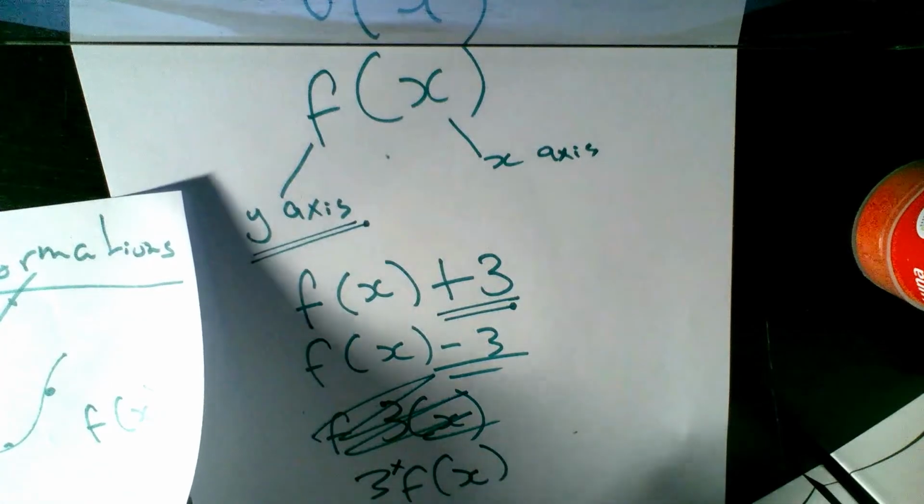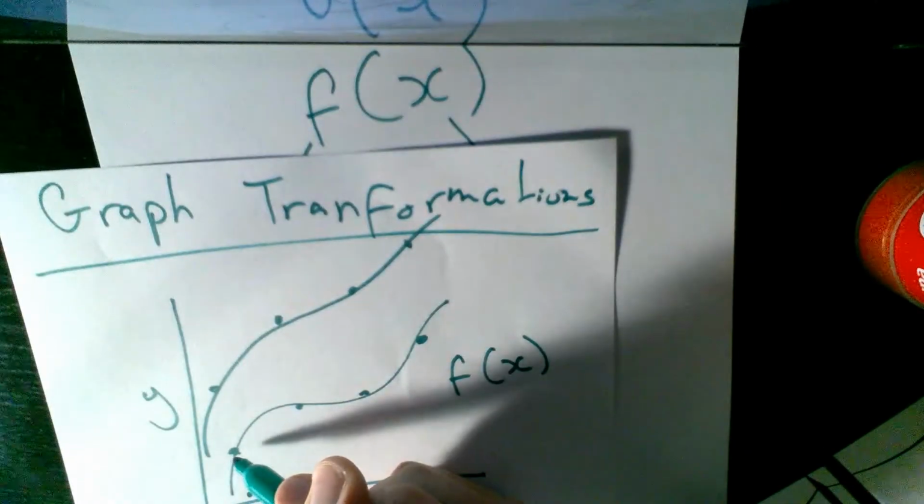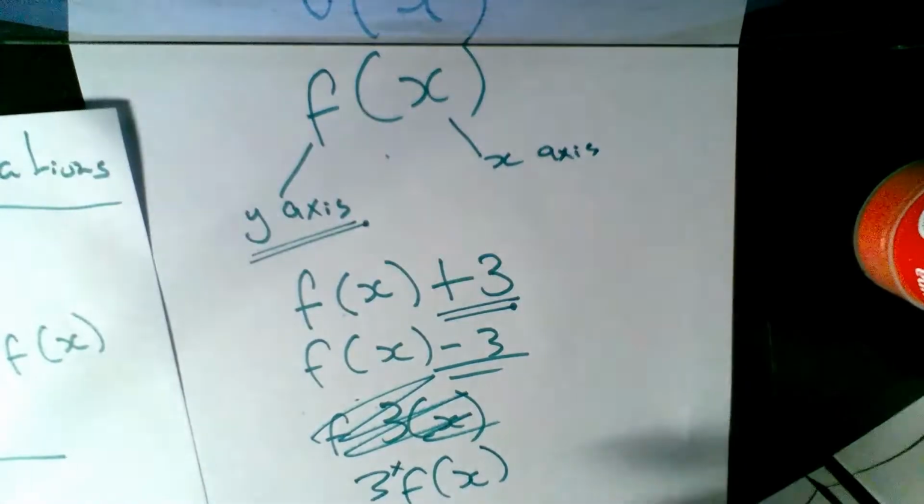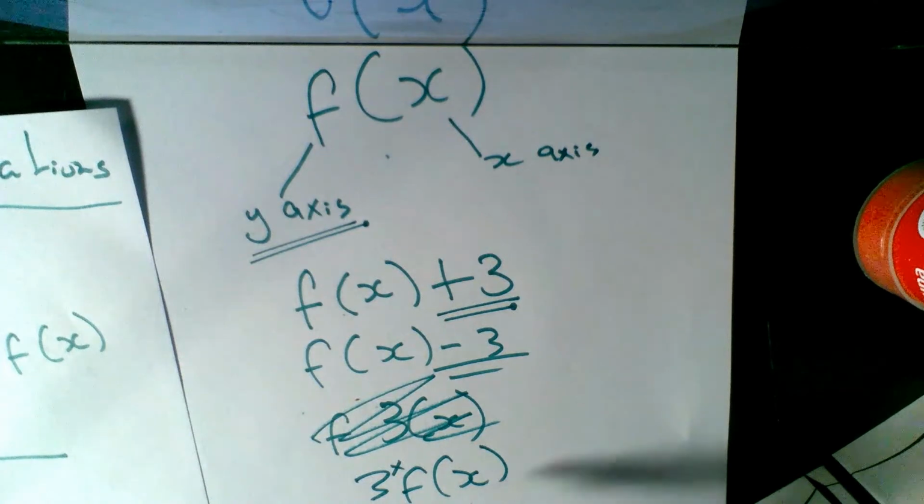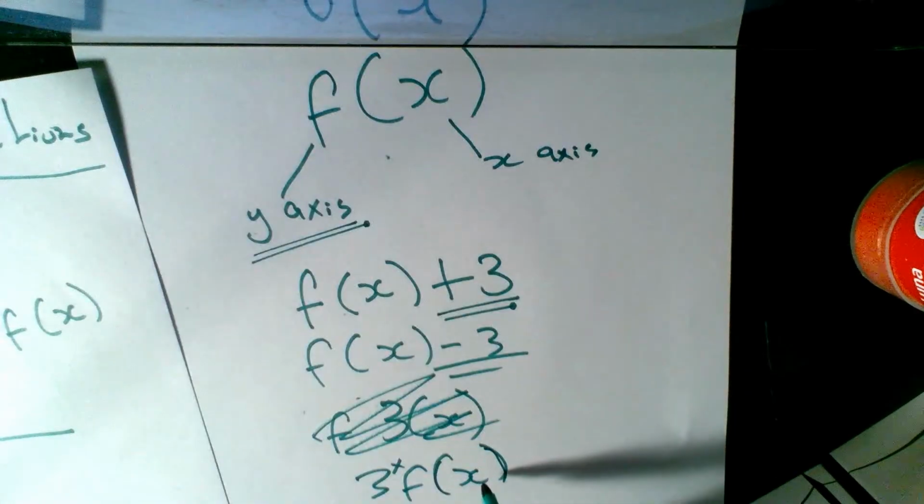Okay, so what we do is, this is outside the brackets, a change in the y-axis, so we multiply the value of y by 3. We don't change x because the x has remained the same. We haven't changed anything inside the brackets.